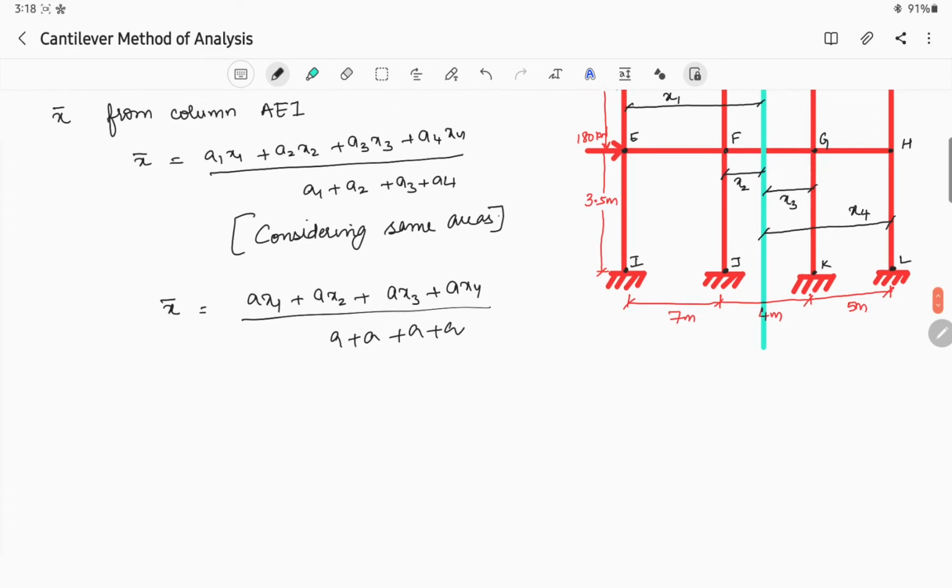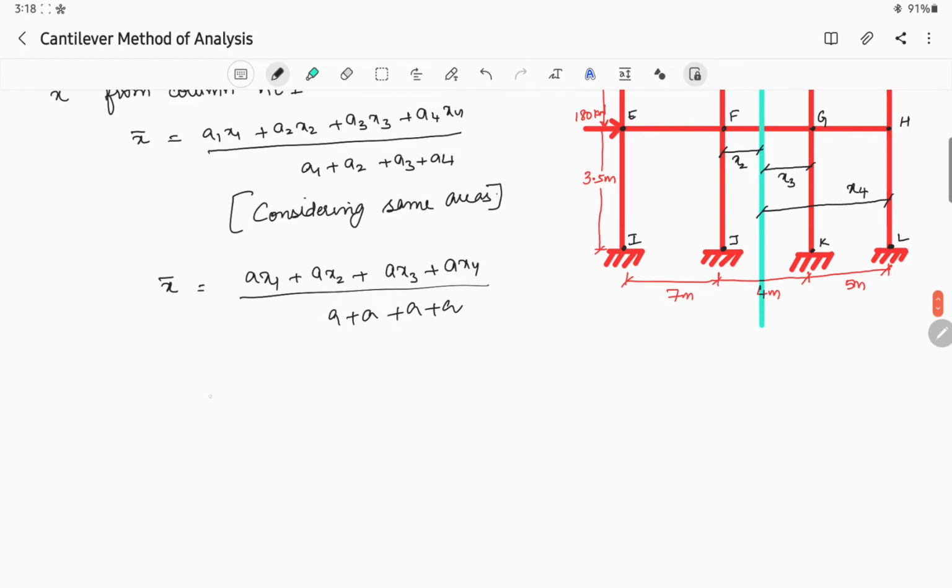Totally 4 areas. Now if you take down the centroid of this, x1, A into 0 moment, okay, then A into 7, then plus A into 11, then A into 16, whole divided by 4A.